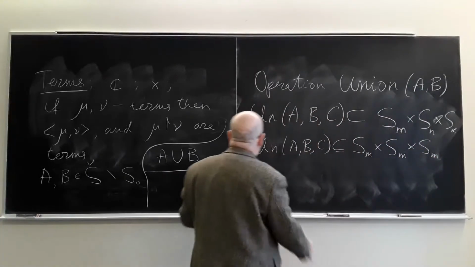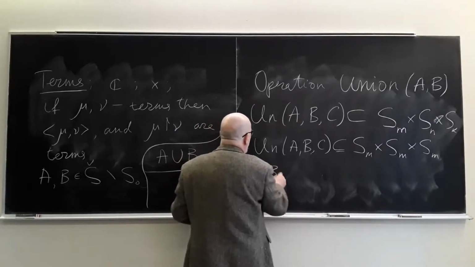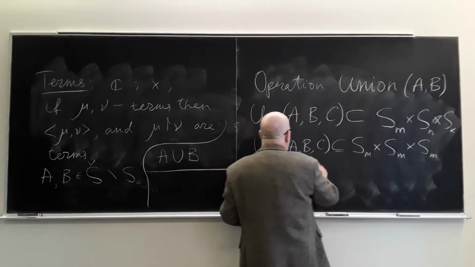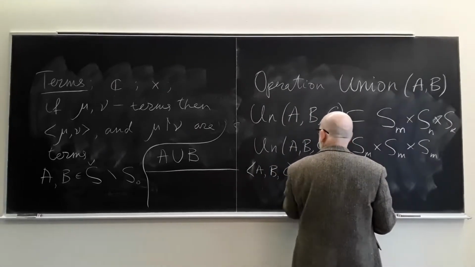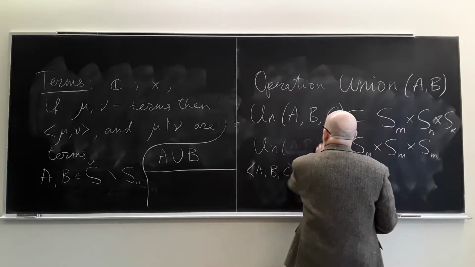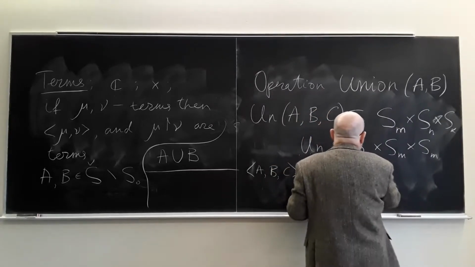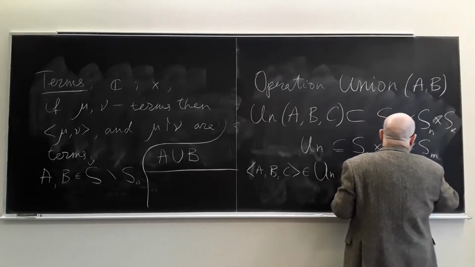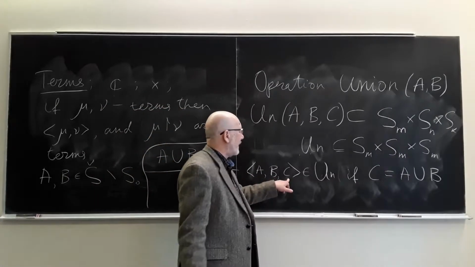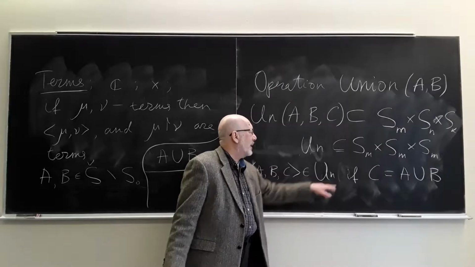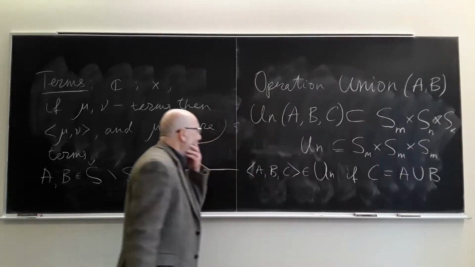So what is this? We say that (A, B, C) is in Union if C equals A union B. So we consider a triple of sets and say that it is an element of our relation Union if C is the union of A and B. It's okay.